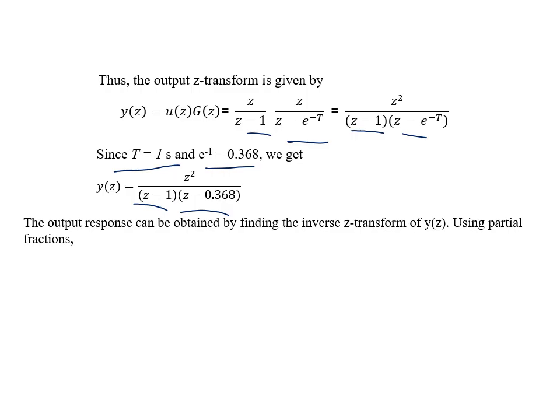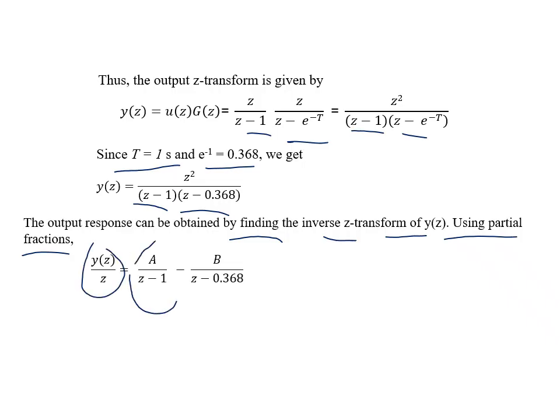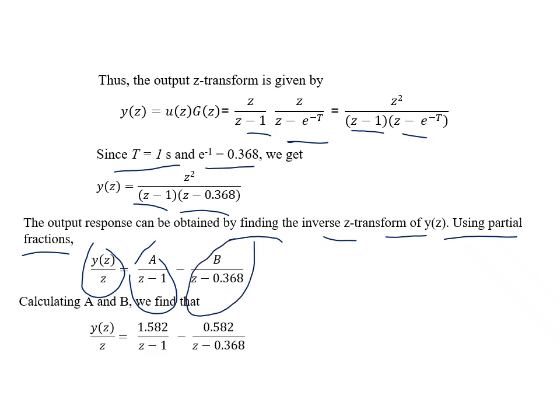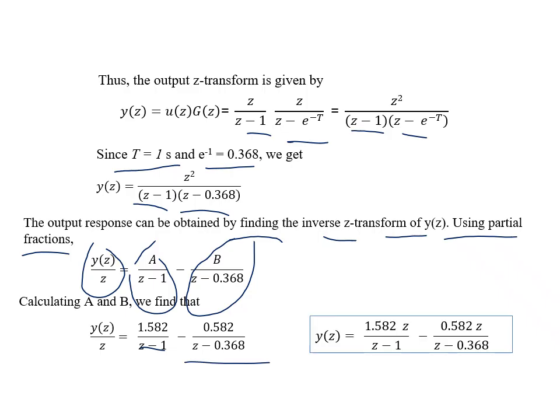The output response can be obtained by finding the inverse z transform of y using partial fractions. We get y of z divided by z equals A divided by z minus 1 minus B divided by z minus 0.368. We get A and B: A equals 1.582 divided by z minus 1, and B equals negative 0.582 divided by z minus 0.368.